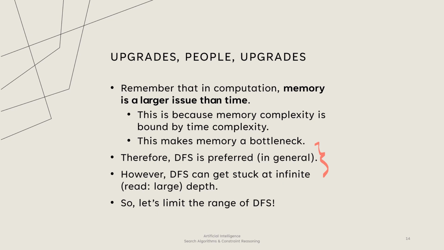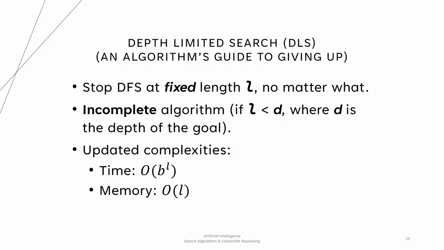However, DFS can get stuck in an infinite or large enough depth that it will never complete. So one strategy to apply DFS is to limit how far it's going to go. So this is depth limited search. It stops DFS at a fixed length L, no matter what.